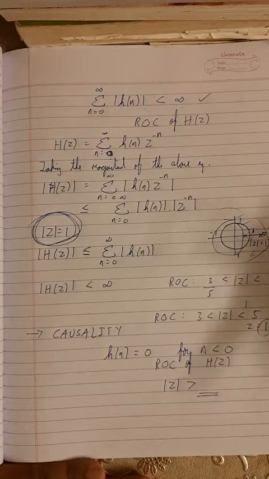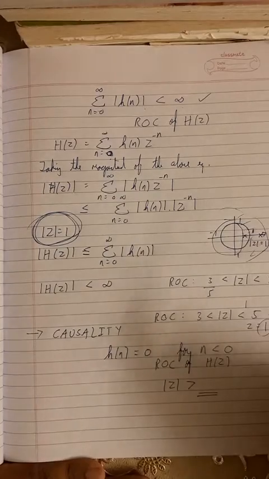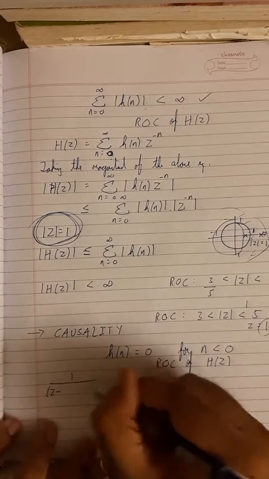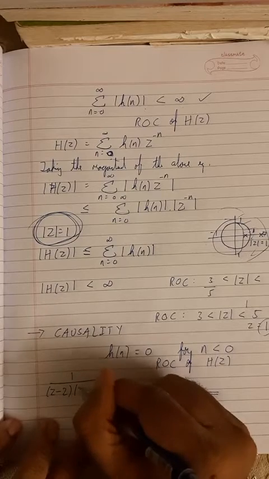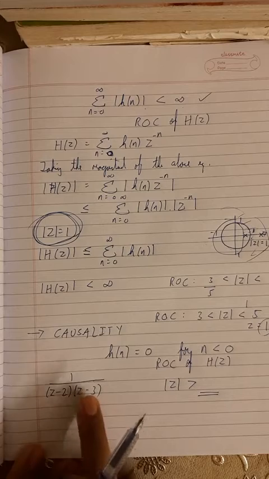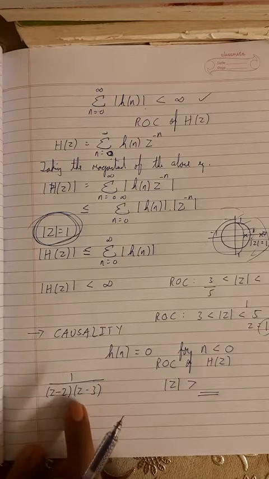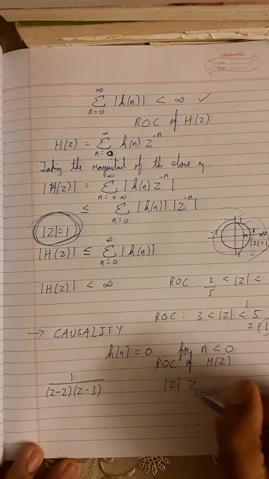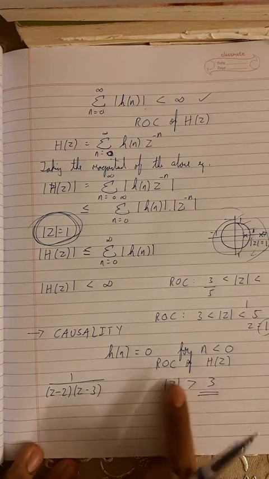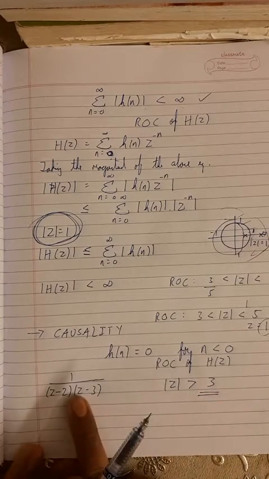For example, in an equation like z minus 2 into z minus 3, if the system is causal, then the magnitude of z is greater than 3. So from here I can easily understand that the system is causal.